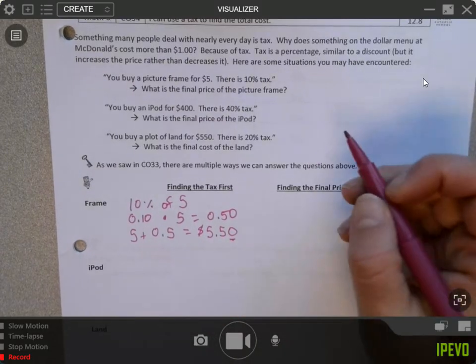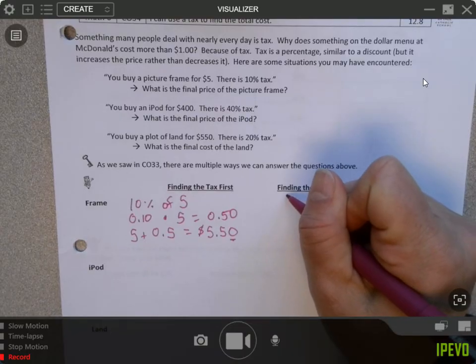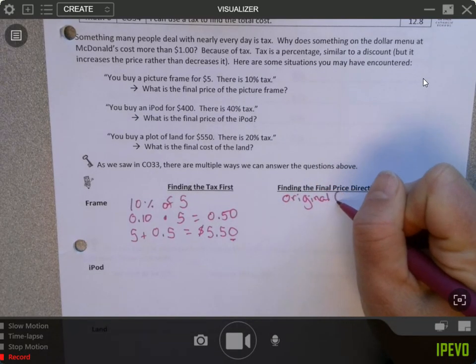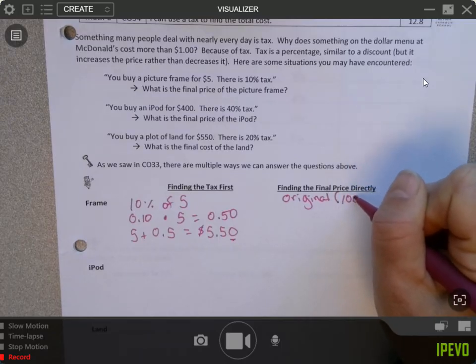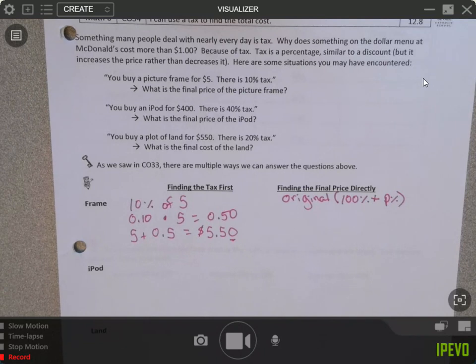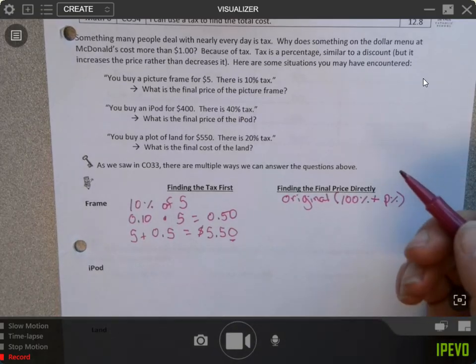So let's look at what that formula would be. We have our original price, and then we have those parentheses, that 100%, and our percent of tax. Remember, I said instead of subtracting, we are adding. Otherwise, it's the exact same formula that we were doing before. We just have to remember we're adding this time. So let's fill in.